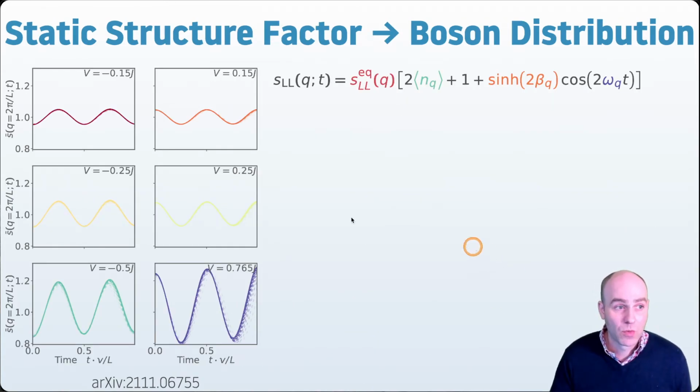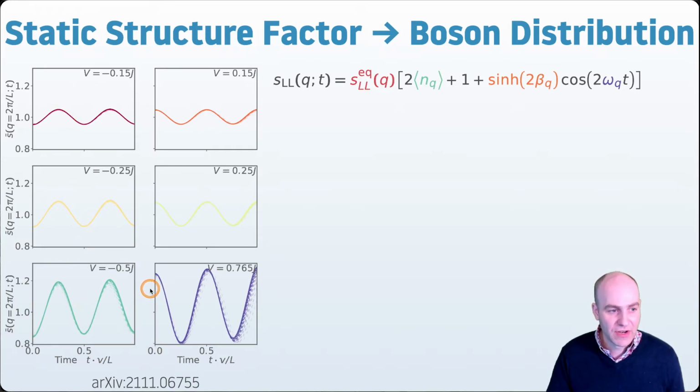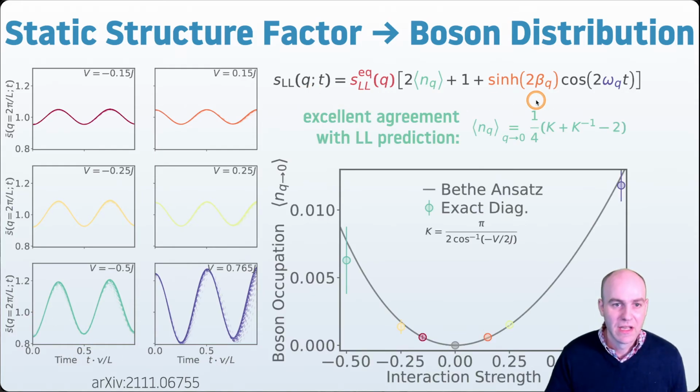All right, so what we do is this exact diagonalization. We extract the time dependence of the static structure factor after the quench, and then are able to look at, so this is data right here, different curves correspond to different system sizes and different panels to different interaction strengths. We see this nice oscillatory structure predicted by the bosonization, and we can analyze without any nonlinear fitting, in fact, just using this oscillatory structure to extract all these parameters.